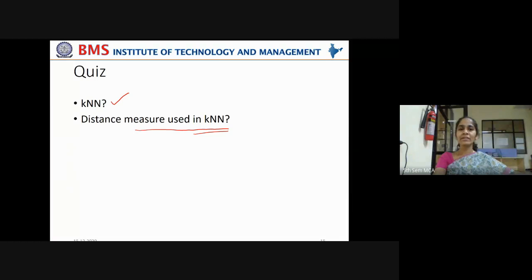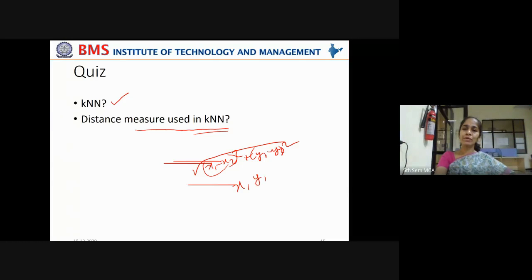It is the Euclidean distance measure, which is the square root of x1 minus x2 whole square plus y1 minus y2 whole square, where x1, y1 are the attributes of point 1 and x2, y2 are the attributes of point 2. When finding the distance between P1 and P2, you calculate it as the square root of x1 minus x2 whole square plus y1 minus y2 whole square.